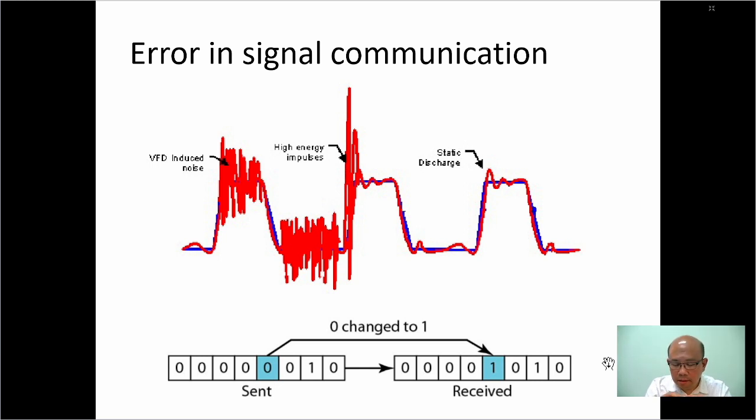When the cable is made from copper, the copper cable sometimes has effects from the magnetic field and interference that generate noise when you transmit the data.